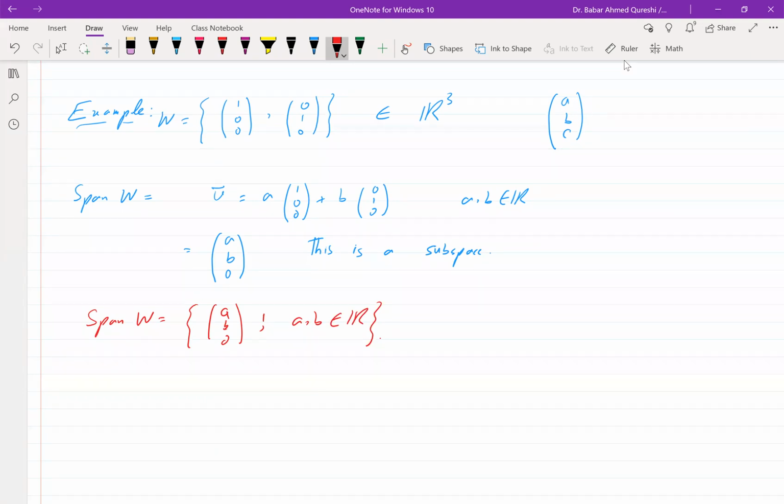You pick two arbitrary elements from this set. So this is one arbitrary element, with completely any value for the first component A and the second component B, which I am calling A1 and B1, and completely arbitrary values for the second vector, and I multiply them with arbitrary numbers.